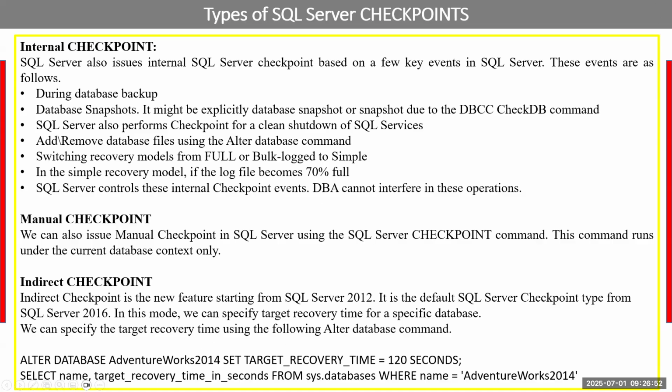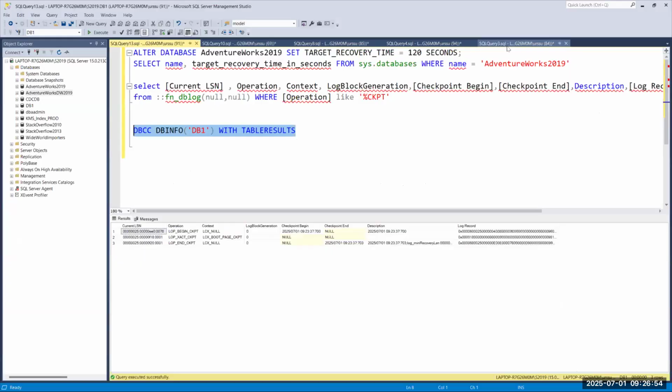Default means it is already enabled, you need not enable it, we just need to set the time alone. That is only for 2016 onwards. Before that, we need to enable it, then set the time. Both are the same, you are setting the parameter.